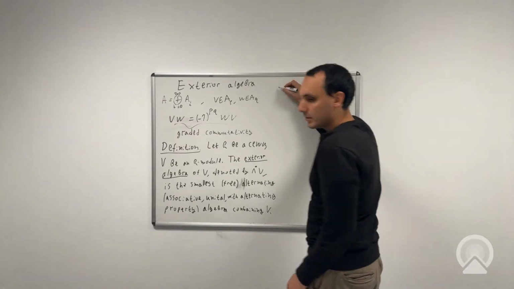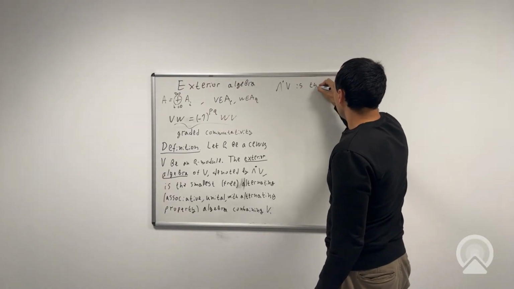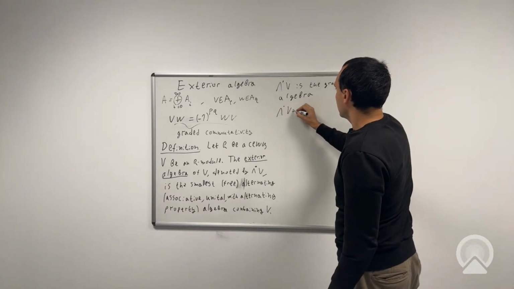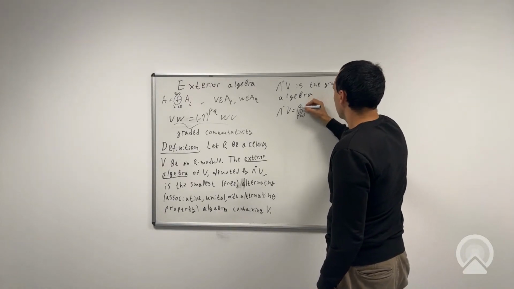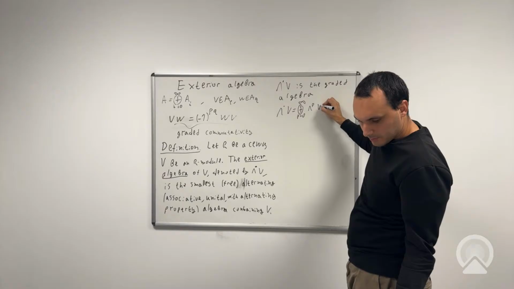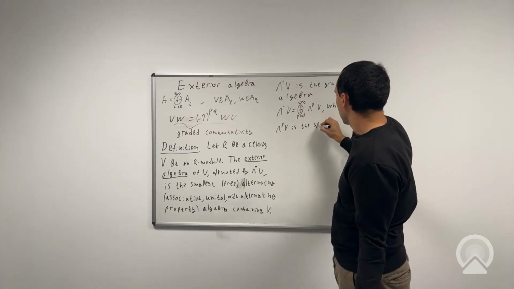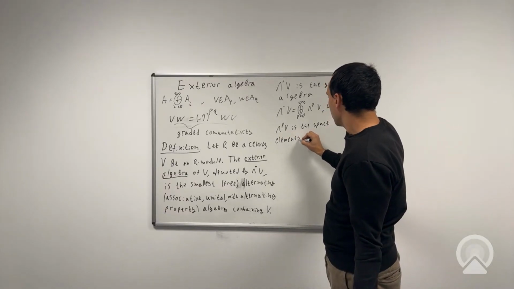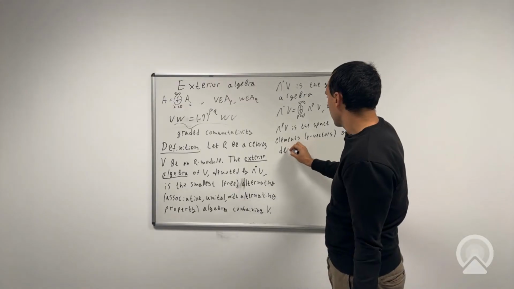So lambda bullet V is the graded algebra, the sum p from 0 to infinity of lambda^p V, where lambda^p V is the space of so-called elements which are called p-vectors of degree p.